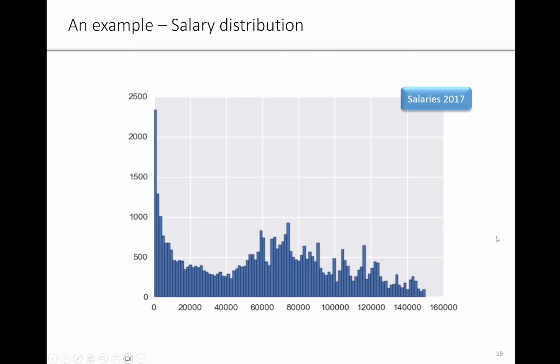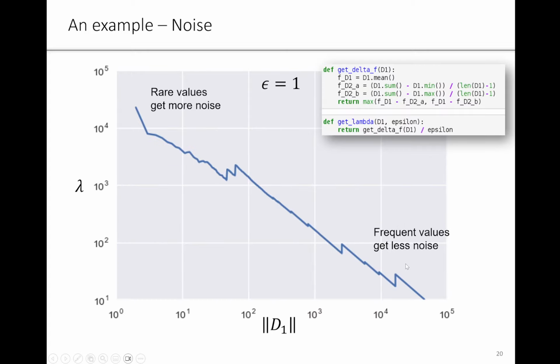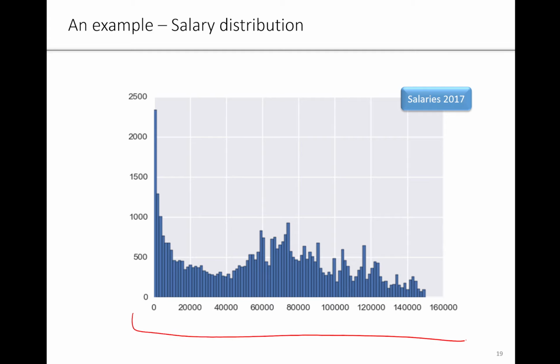If you would just regularly display this, it would be the graph representing the distribution. Now when we apply the noise to it, the idea is to sort these by their availability.